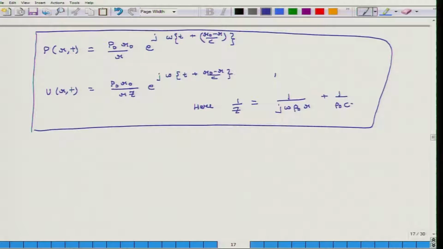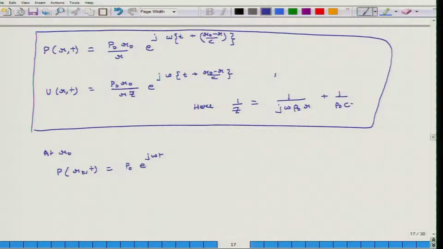Now, we will calculate at R naught. The complex pressure at R naught, t is equal to P naught e^(j omega t).